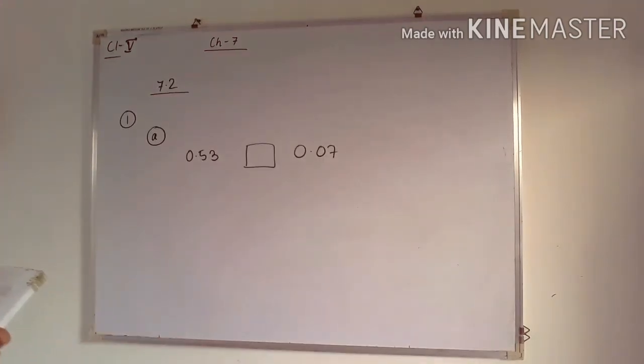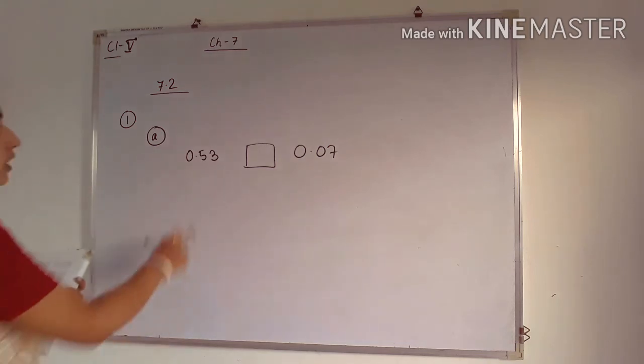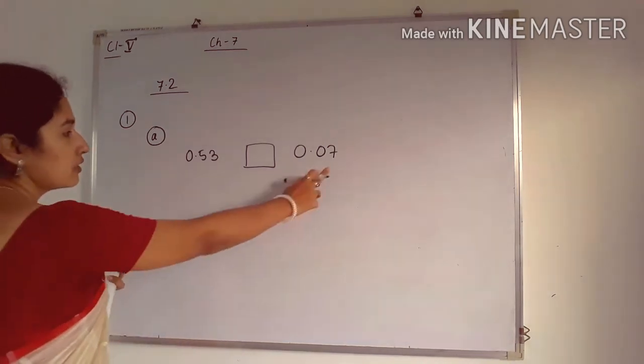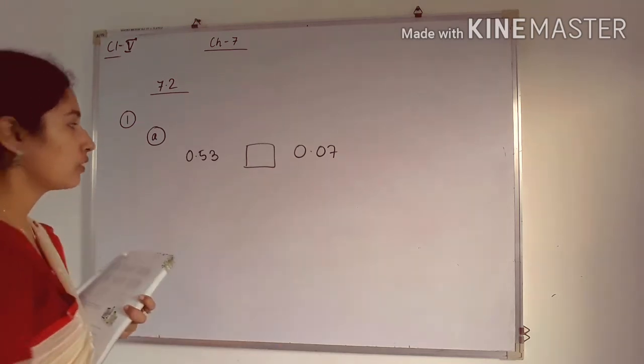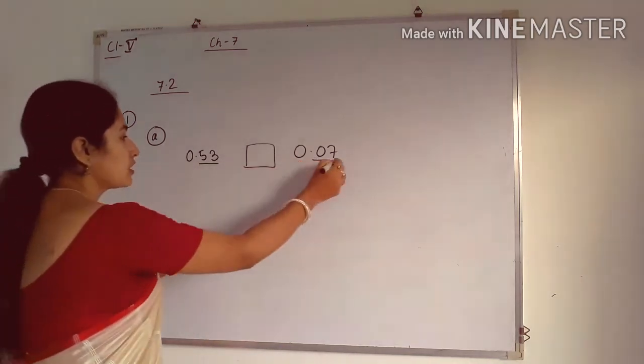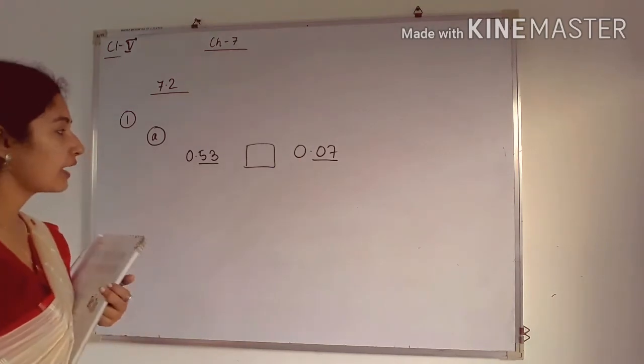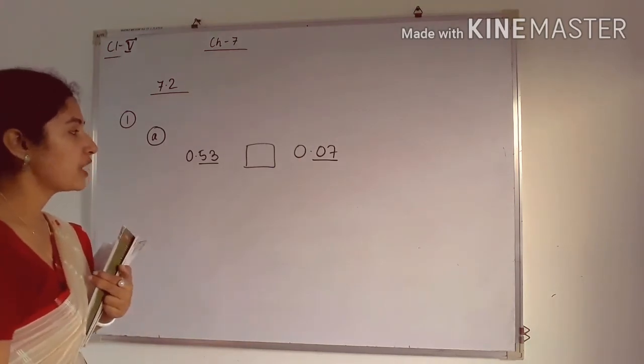So see the question from exercise 7.2. Here we have to color and compare. You can do it in the book itself. So here see, this is 53 hundredths, this is 7 hundredths. Both are like decimals. You can see the digits after the decimal point are the same. So which one will be greater?